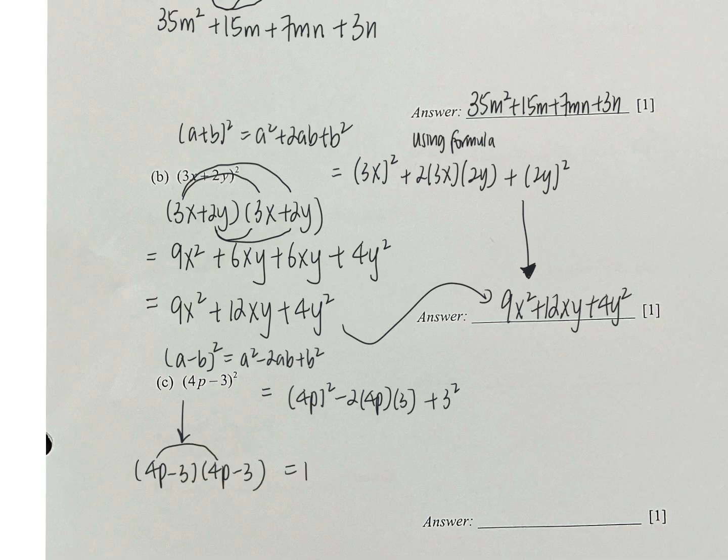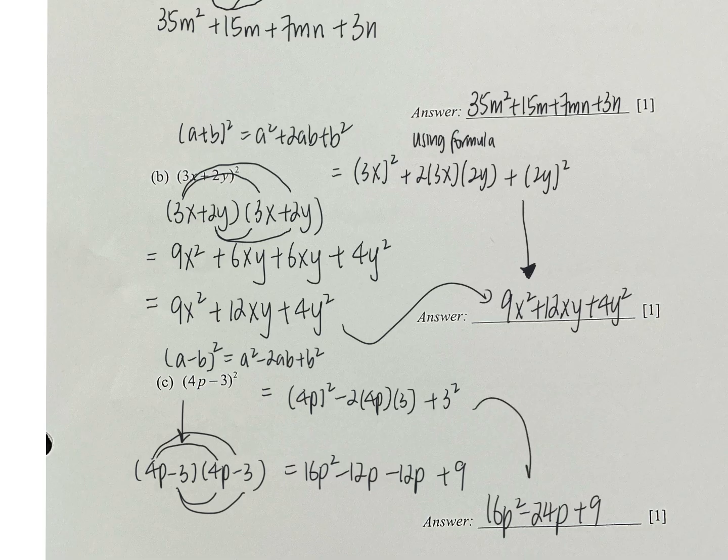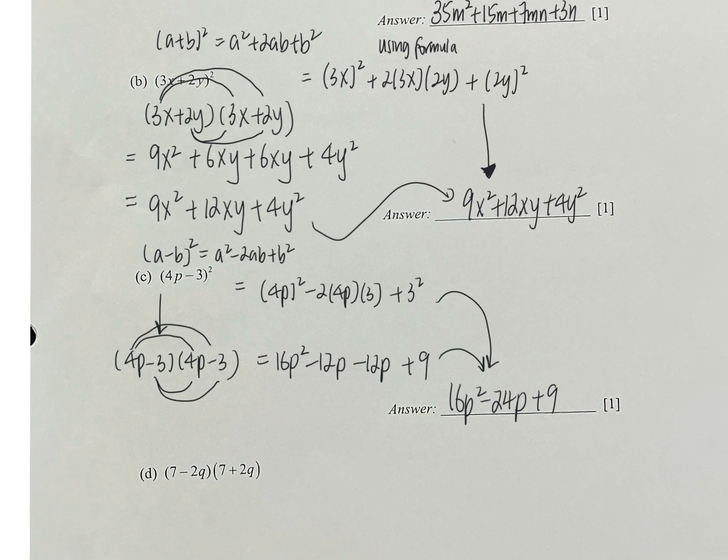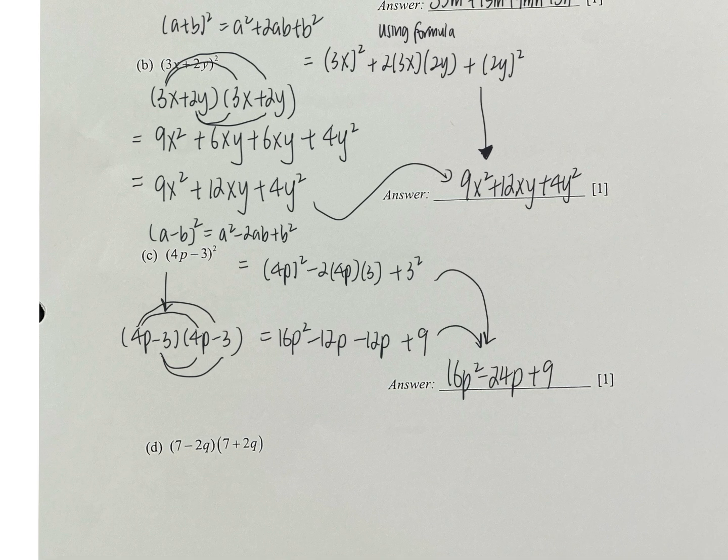So 16p square minus 12p minus 12p plus 9. So final answer is this. Both of them will give you the same final answer. Okay, check your answer. Do correction.